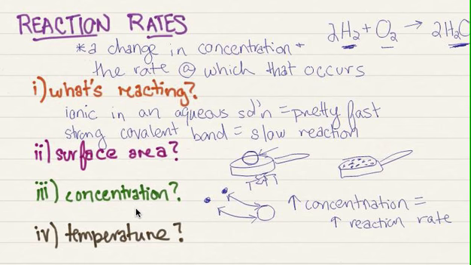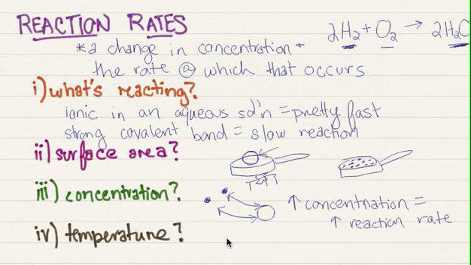Of course, temperature is going to be a factor here as well. As we see increases above room temperature, we generally are going to see reaction rates either doubling or tripling, right? And again, if we think back to the laws of kinetic energy, that'll make sense because we know what happens as temperature increases. Well, temperature is really just kinetic energy, right? So kinetic energy is going to increase. That essentially means your molecules are moving more and more quickly.